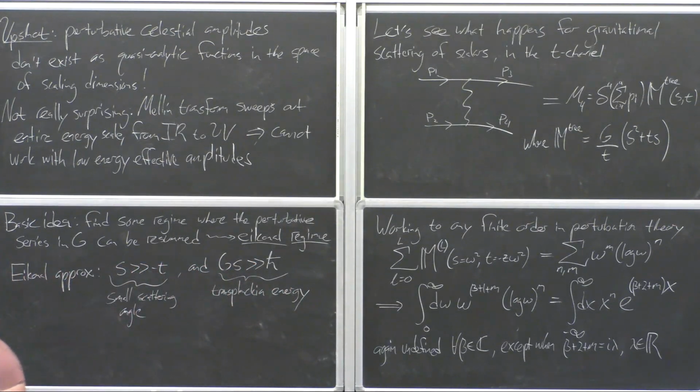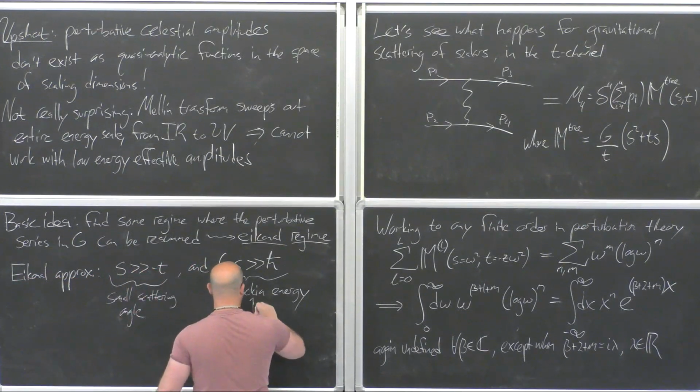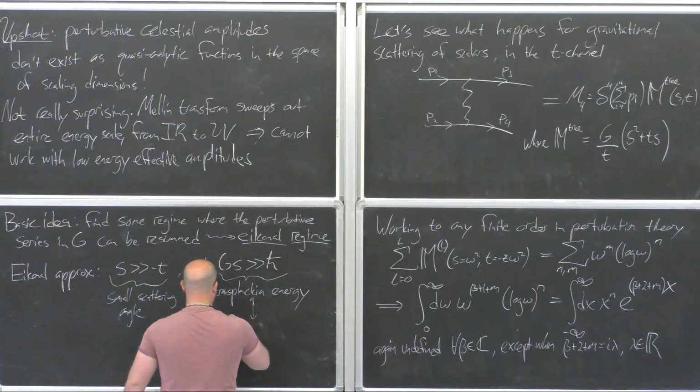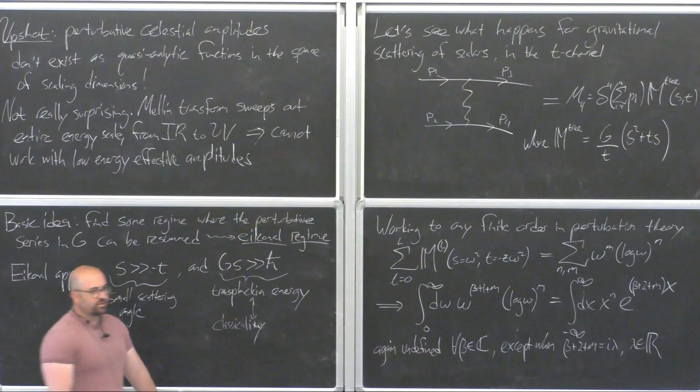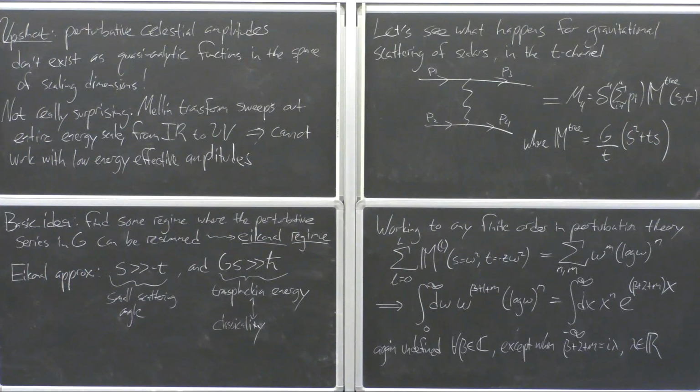The center of mass energy of the scattering process is very, very large, but it's also some kind of classicality condition. So this eikonal regime is accessing the small angle, classical regime of 2-to-2 scattering.